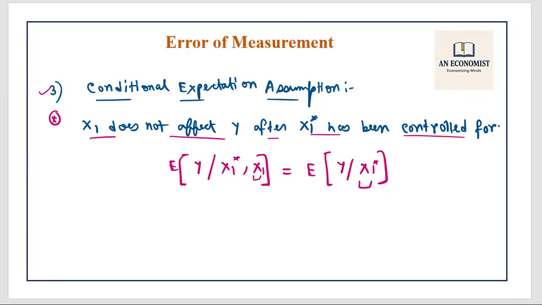Now let me go to the next assumption, which is the fourth assumption. The fourth assumption says covariance of x1 and e1 will be 0, right?